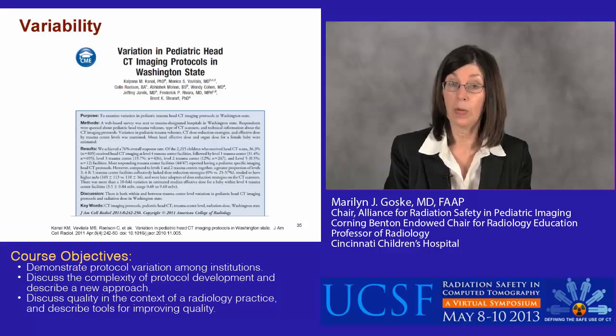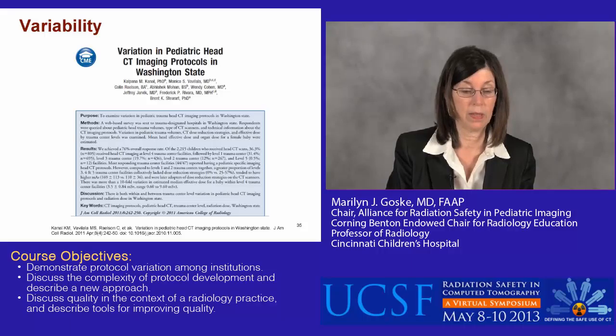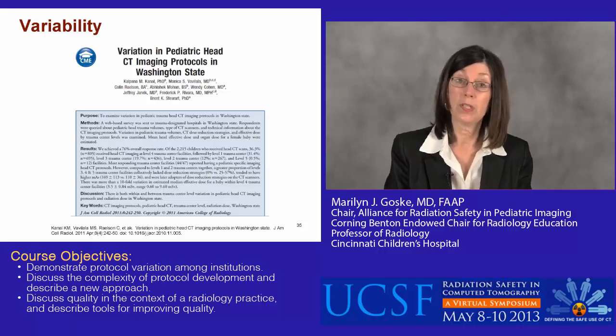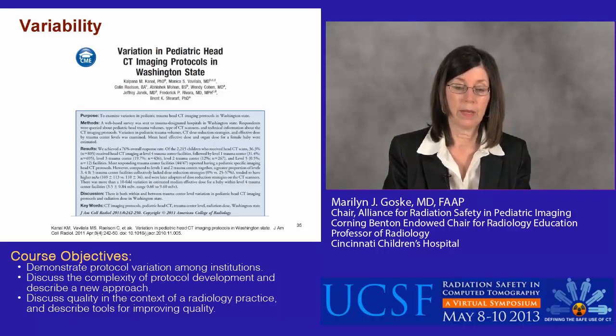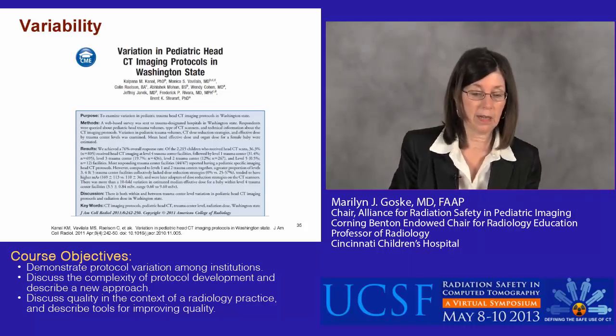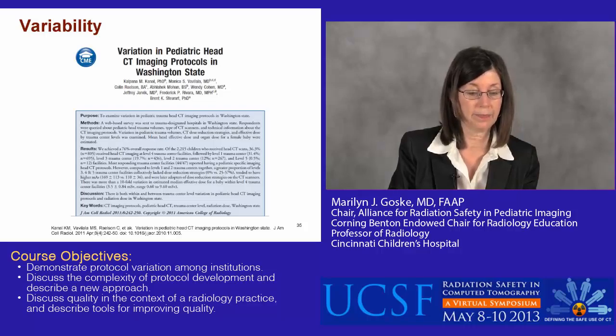variability and how little we know about routine radiation dose estimates within the medical community. So this was a very good study, and really one of the only few that I am aware of that talks about variation in pediatric head CT imaging in the state of Washington by Dr. Canal.